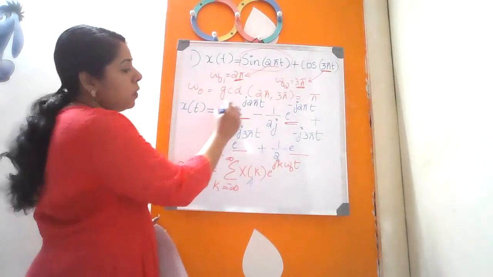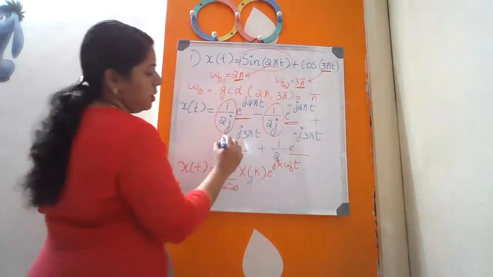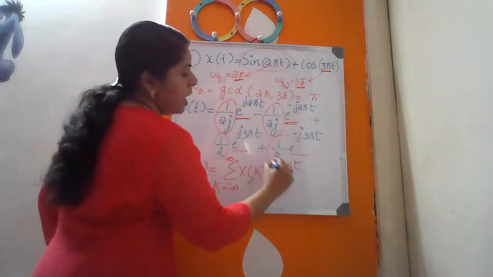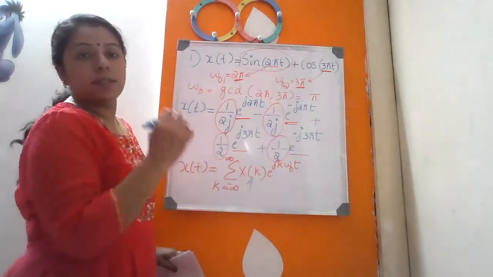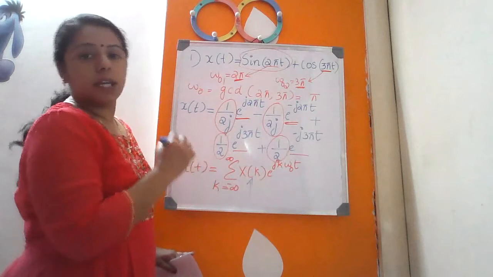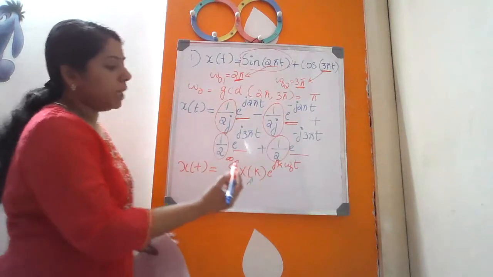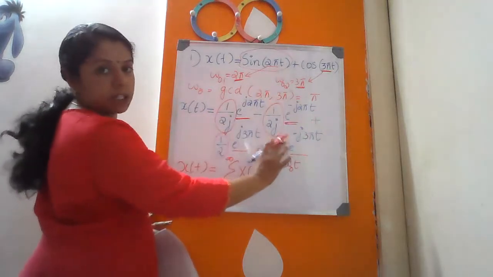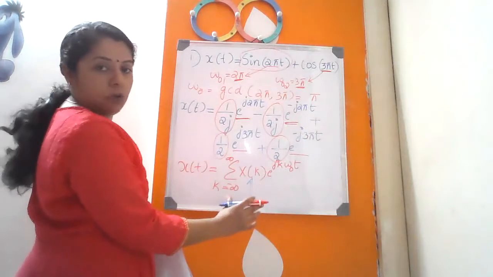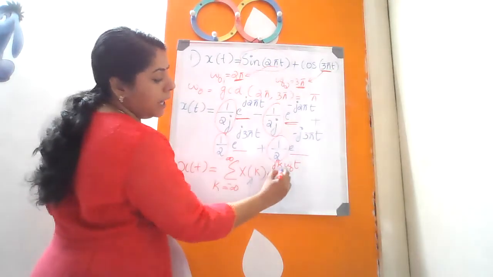So these parts will be our x of k, that is, your Fourier series coefficients. Like we understood, the expanded equation is in the form of the synthesis equation. Now let us see what our k values are.